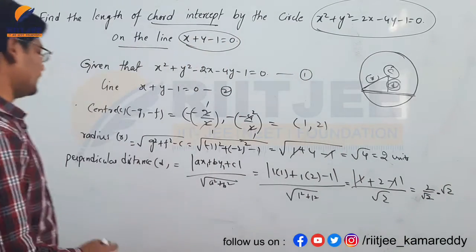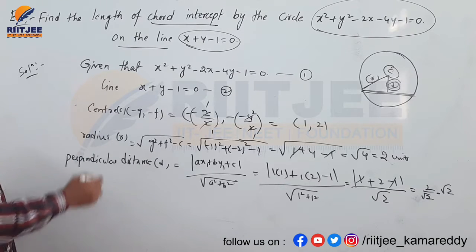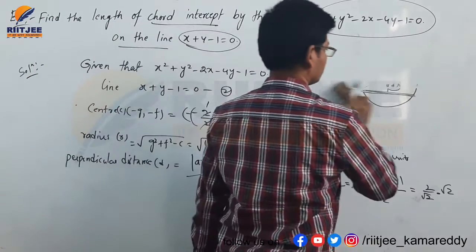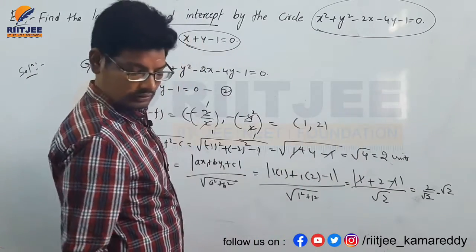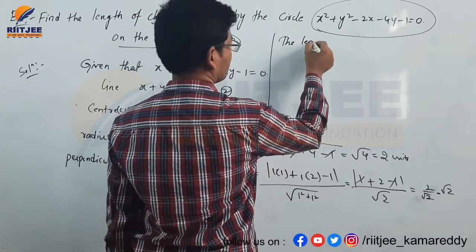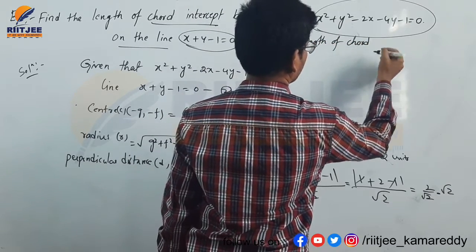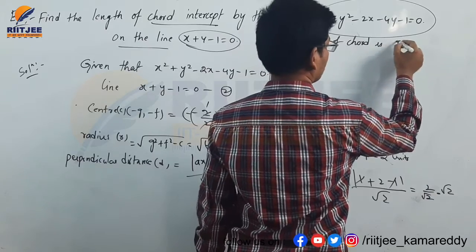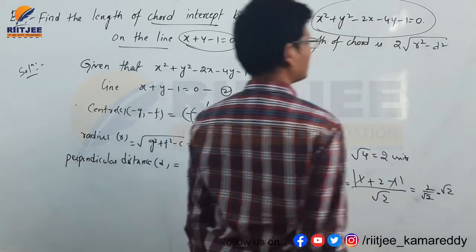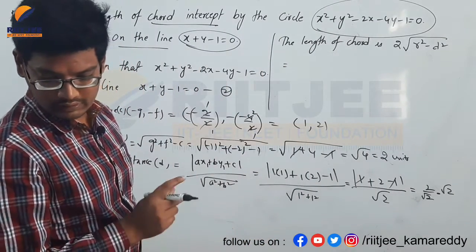D is equal to root 2 we got here, and the length of chord formula is 2 into square root of r square minus d square.